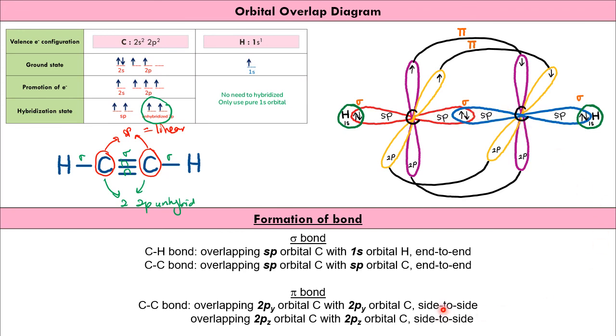Okay, kemudian pi bond, so since ada dua pi bond dekat sini, so nyatakanlah overlapping of 2py orbital of the first carbon with 2py orbital of the second carbon side to side, and the overlapping of the 2pz orbital of the first carbon and the 2pz orbital of the second carbon. Okay, also side to side.